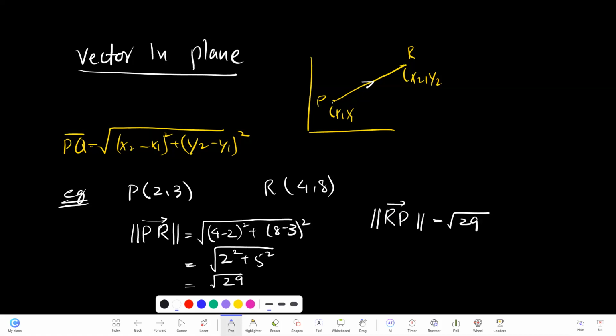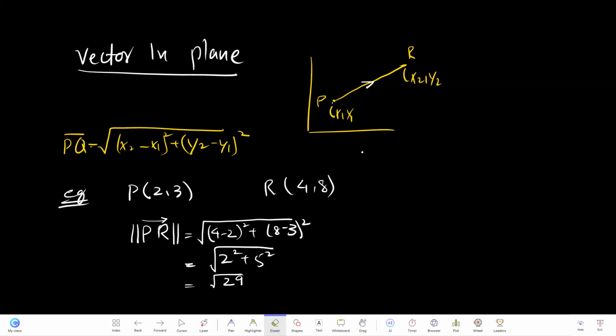Now afterward, what we're learning is that a vector can also be written in 3D form, right? If I have the same situation for three dimensions, I can just extend my formula for 3D.